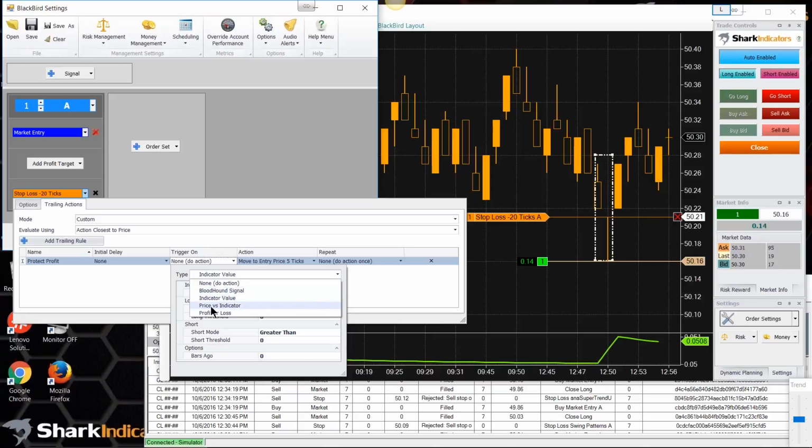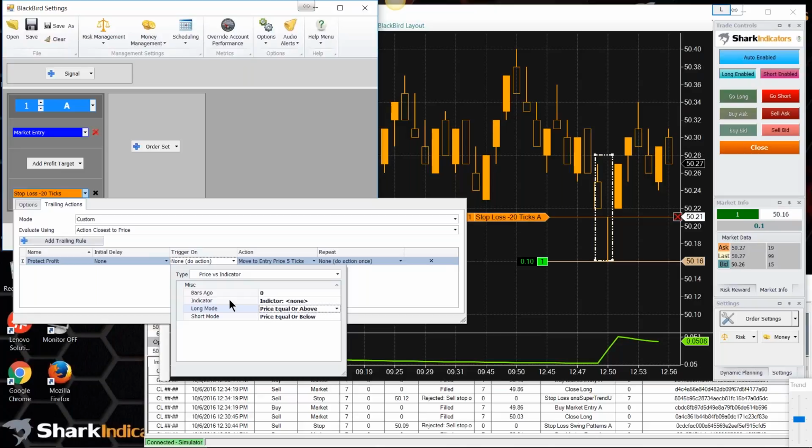Or you could say if price moves above some kind of indicator value, so you can compare price to an indicator.